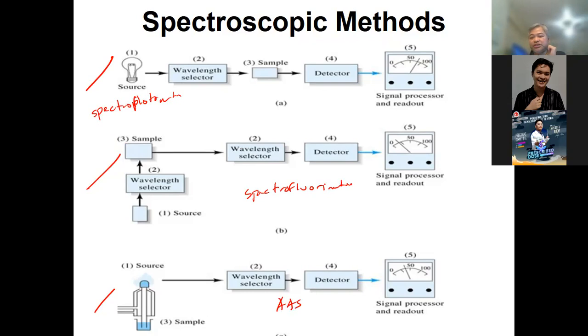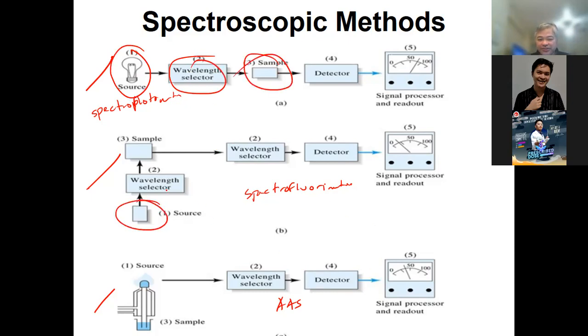So as you're going to look at this, they have the same components. Yung tinatawag nating optical components. But the arrangement of the optical components are not the same. They're different. The spectrophotometer, you see the light source here, and then the wavelength selector, and then the sample.